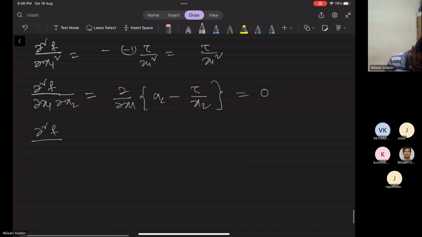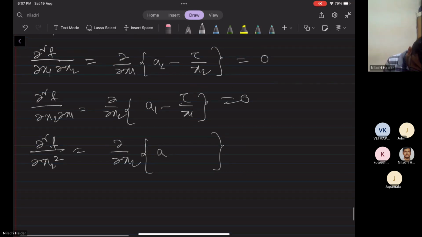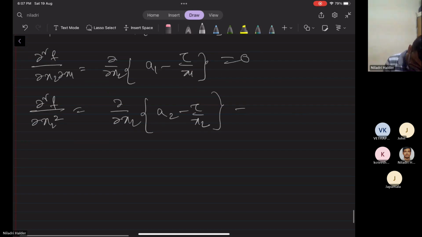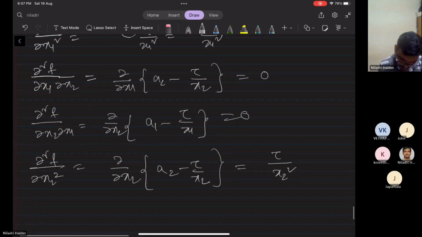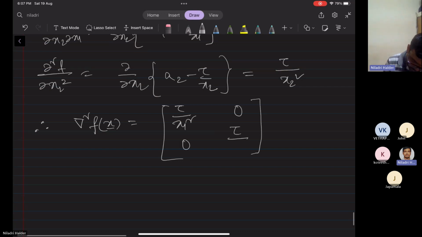So what should be the Hessian? The first element will be tau by x1 square, 0, 0, tau by x2 square.